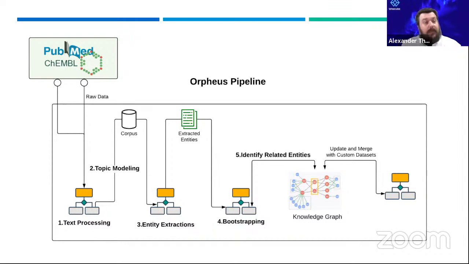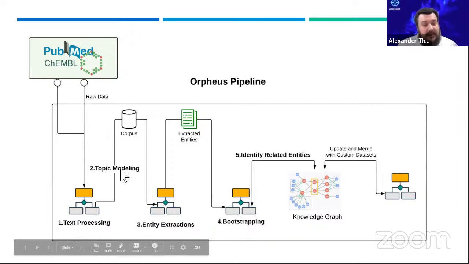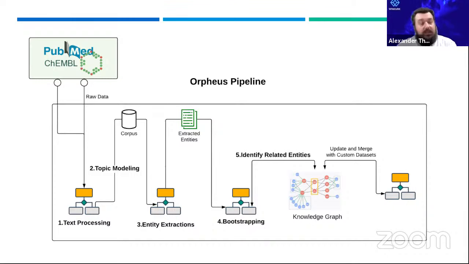That's an important part of this pipeline, because we do the text processing, and then we do topic modeling. That's going to let us do the exploration, because topic modeling is a good way of showing the trends and clusters in your text data.